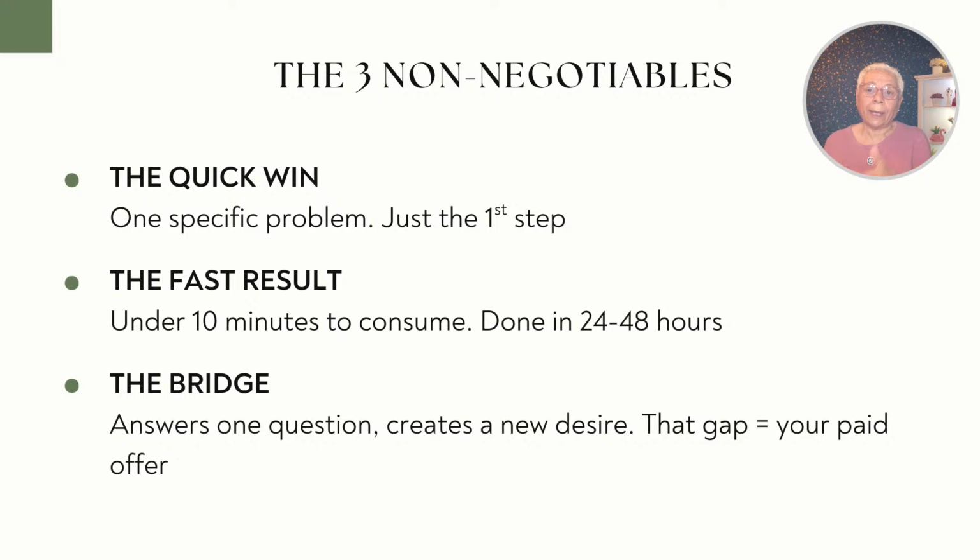Because the implementation is going to keep them interested in you. If they don't implement it, then your lead magnet didn't do anything. They read it and then they threw it away. It didn't alleviate their pain. So you really want to make sure that they can implement it and see a result.